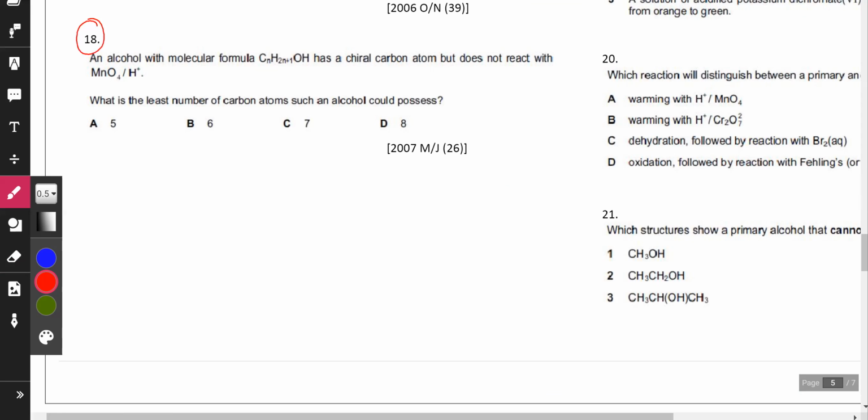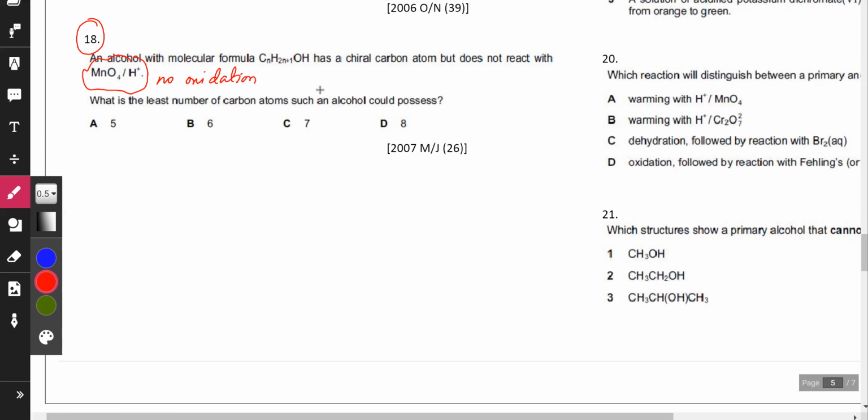Question number 18. So there's an alcohol with the molecular formula CnH2n+1OH, and it has a chiral carbon atom but does not react with KMnO4. So that means what type of alcohol is this? I mean, no oxidation is happening.